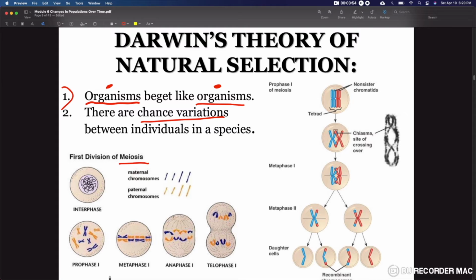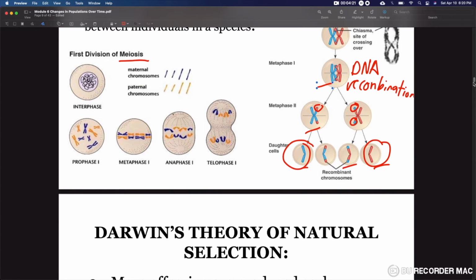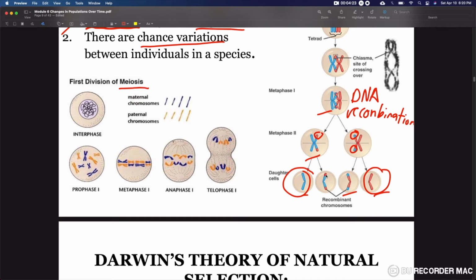In your meiosis, there is the crossing over phase where you create certain DNA recombination, which creates a variety. Instead of just having a pure blue or a pure red, it creates these recombinant chromosomes right here, where you have a tip that is red and a blue middle and so on and so forth.